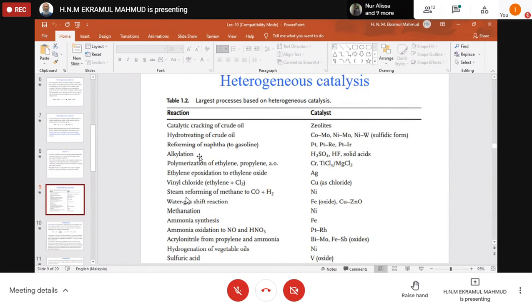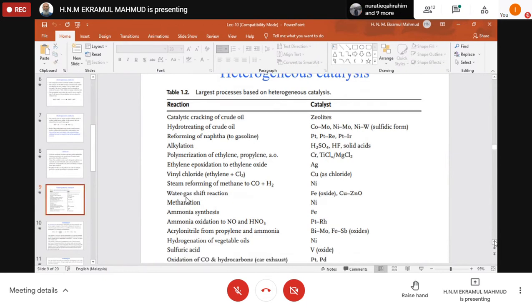Platinum will play one role, the other part will play another role. Alkylation: we have sulfuric acid, hydrogen fluoride, and solid acids as the catalyst. So you need to know what the catalysts are and what the reactions involved are. We cannot memorize all these, but we can have a good idea of them, right?